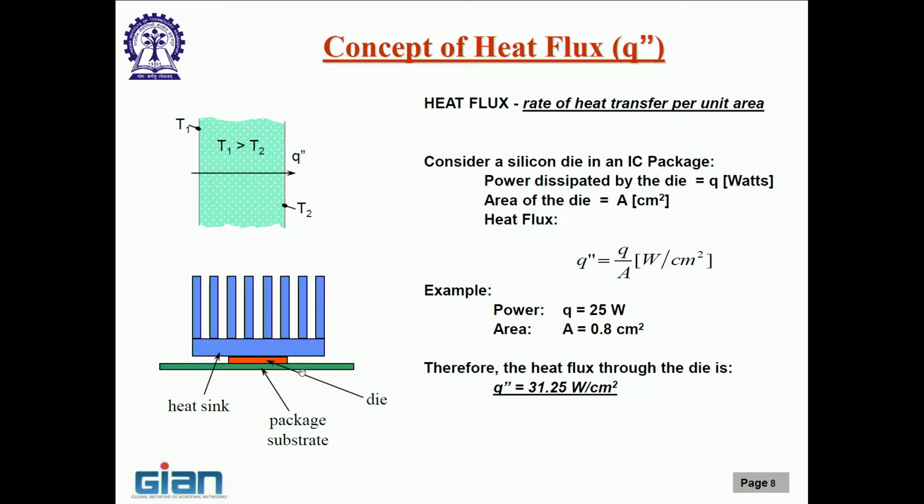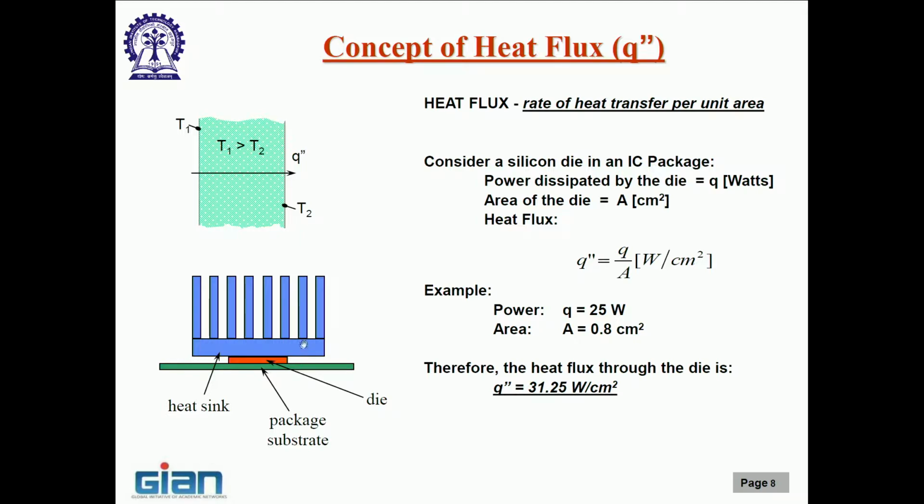My first question is going to be, how big is the die? If you say it is 1 inch by 1 inch, I say okay, no brainer. If you say it is 5 millimeter by 5 millimeter, I say oh, that is going to be a challenge, we have to think about it. Therefore, the heat transfer per unit area, watt per meter squared or watt per centimeter squared, becomes important. That sometimes is the more critical parameter that gives me a feel of how challenging the cooling problem is going to be.